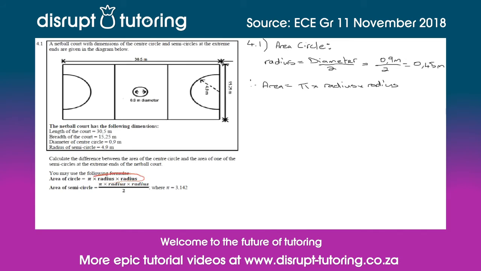So we know that pi equals 3,142, which is given to us, times the radius, which we calculated to be 0.45, times another radius, which is also 0.45, and this comes to, in your calculators, 0.636255, so be as accurate as possible, and this is in meters squared.